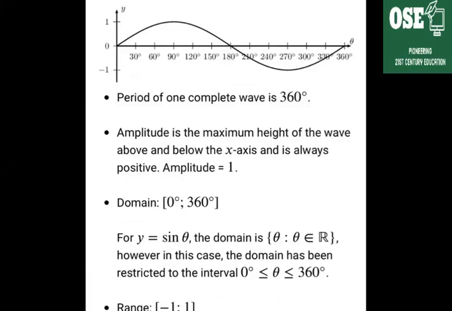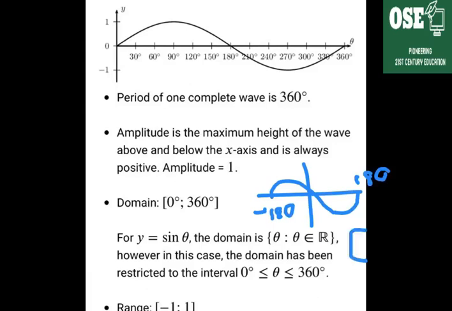So if our graph started here and went from -180 to +180, then your domain was going to be from -180 degrees to 180, both included.